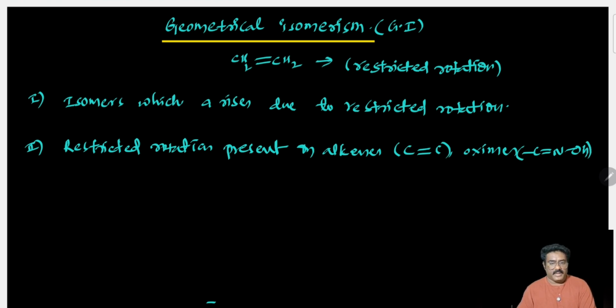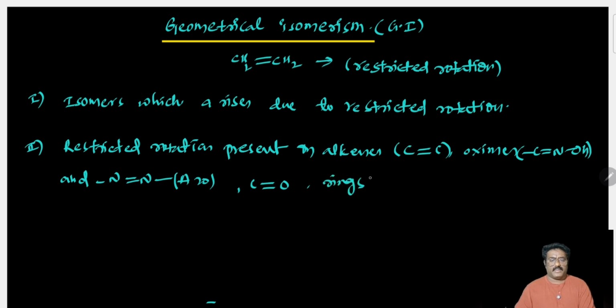Also in azo compounds, nitrogen double bonded with nitrogen, and carbon double bonded with oxygen, which is a special case of geometrical isomerism. And in rings, like cycloalkanes.